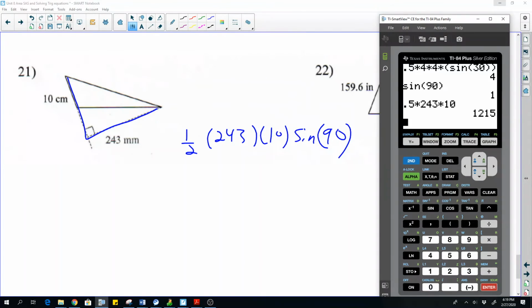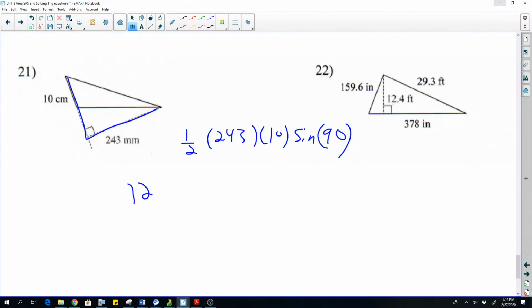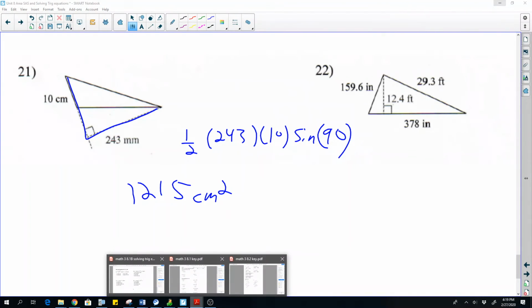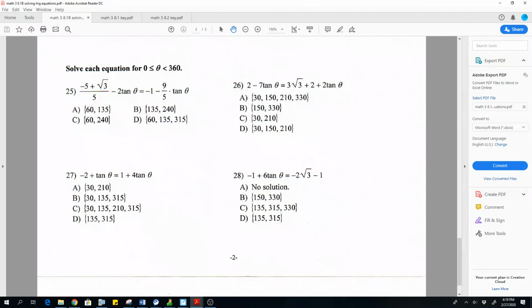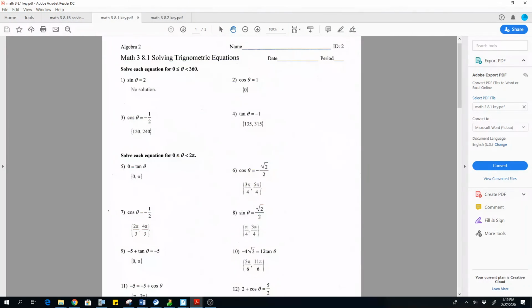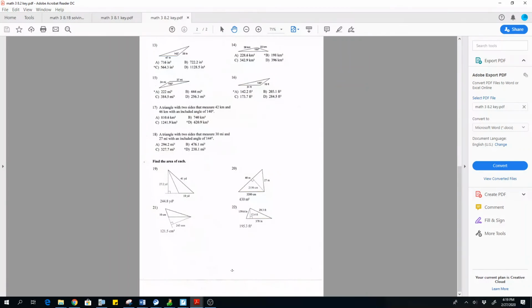Wow. This one's really freaking me out. Let me tell you why. So part of it is in centimeters and part of it is in millimeters. What? So 1,215 centimeters, millimeters, something squared. Wow. Have to relook at this assignment. So it says centimeters, it says millimeters.